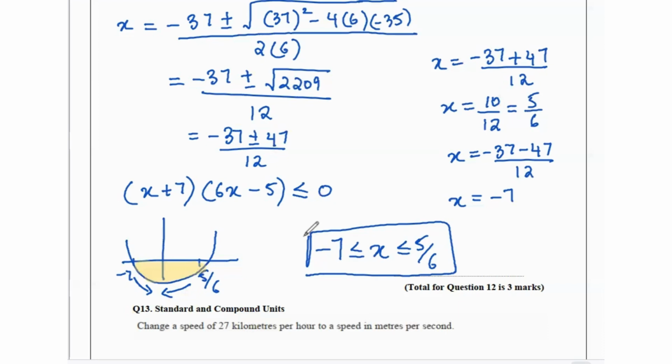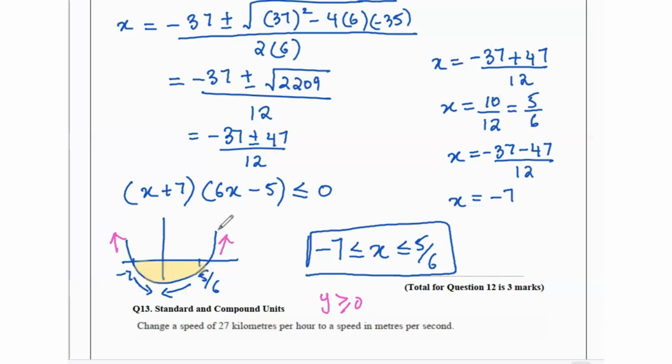Another thing: let's say the inequality was greater than or equal to 0. Let me use a different color for this. If y is greater than or equal to 0, then you would look at the range of values above the x-axis. In that case, if you notice, your values of x are diverging now, not converging.